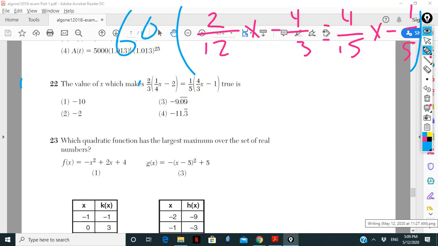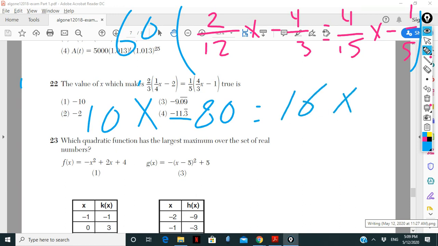Now, 60 divided by 12 is 5. 5 times 2 is 10x. 60 divided by 3 is 20 times 4 is 80. 60 divided by 15 is 4, giving me 16x. 60 divided by 5 is 12 times 1 is negative 12.